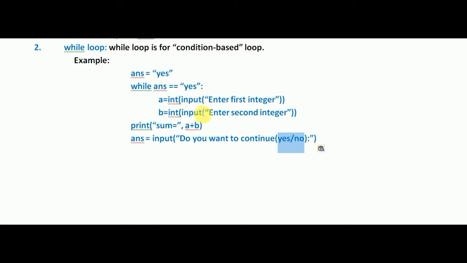Again we take two values from the user side and print the sum of these two values. Then again we take one string input from the user in terms of yes or no. If the user enters no, then the control comes out of the program. Now move to the real environment where we apply this program and see the output.